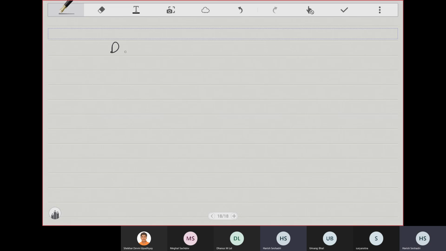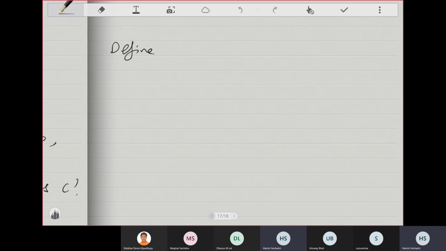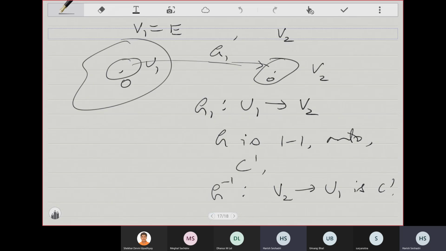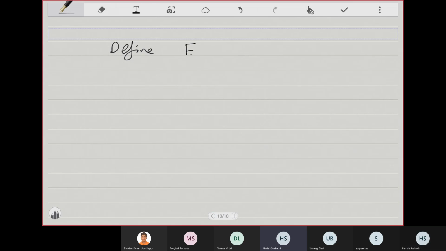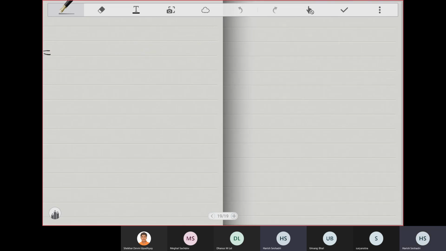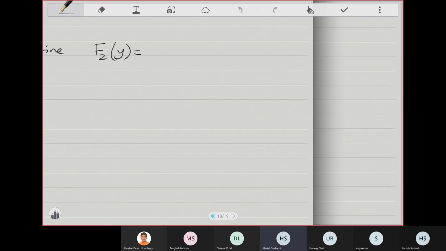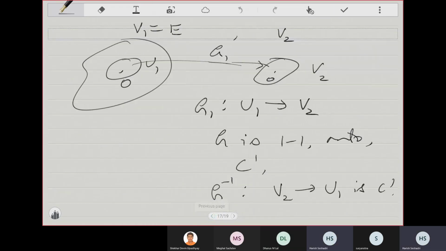With all this in hand, let us define. See, the goal is, we want to get this F1, F2, etc., right? So I'm going to now define F2. This F2 is going to be defined on this V2.